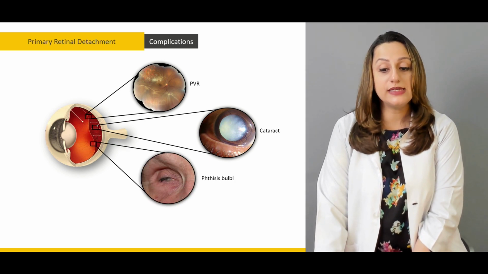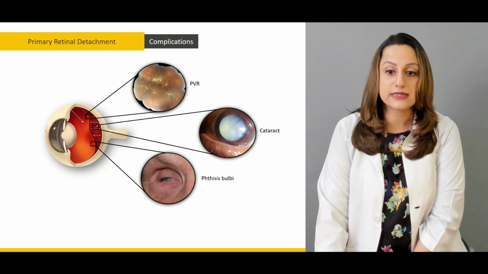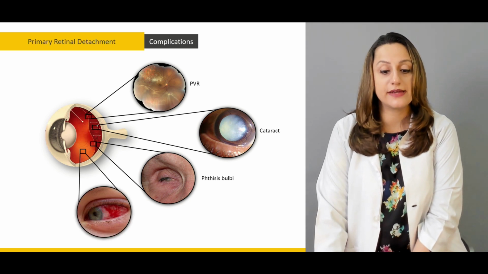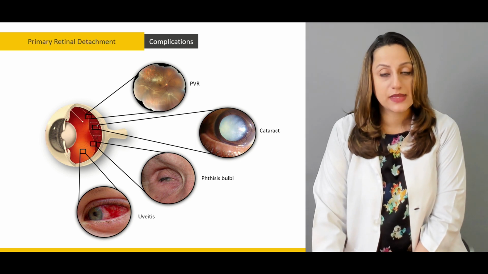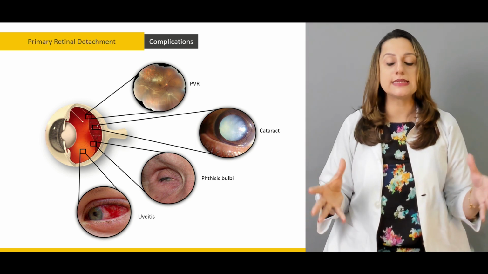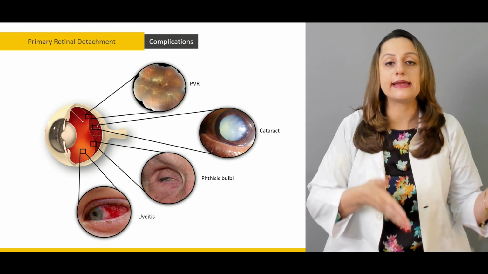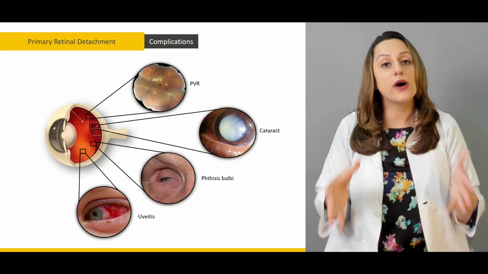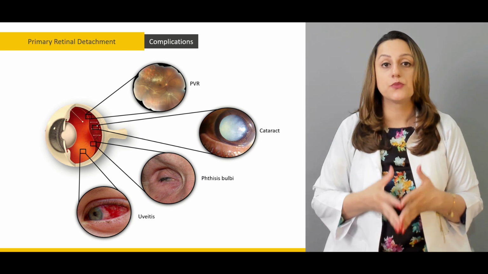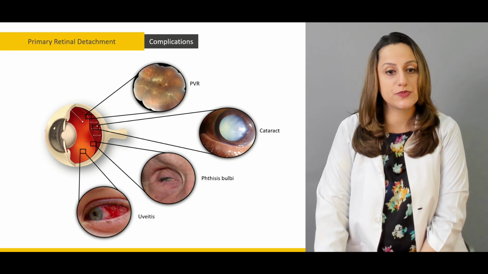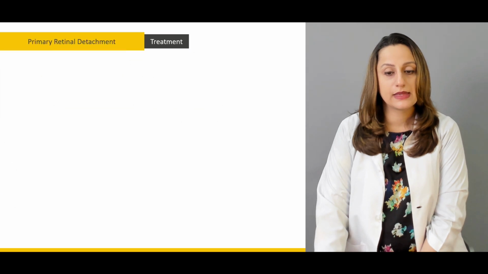Then we can have phthisis bulbi, which is sometimes the final outcome and the final complication. And finally, we have uveitis. The inflammatory conditions can be the underlying causes, as well as complications or end results of this kind of primary retinal detachment.